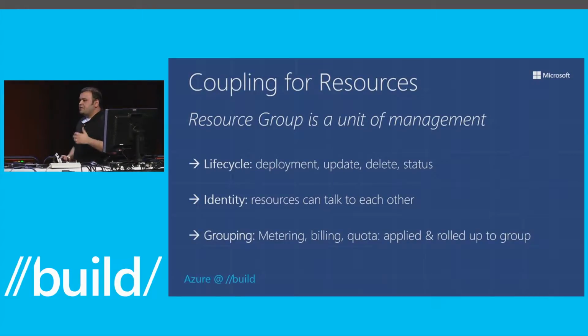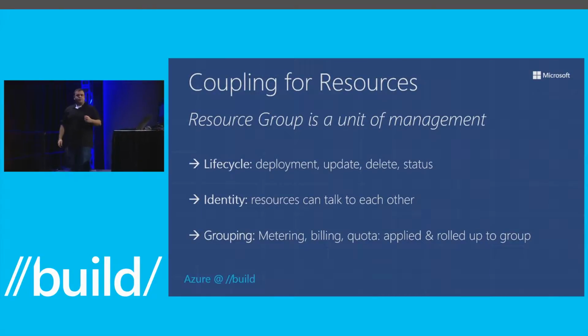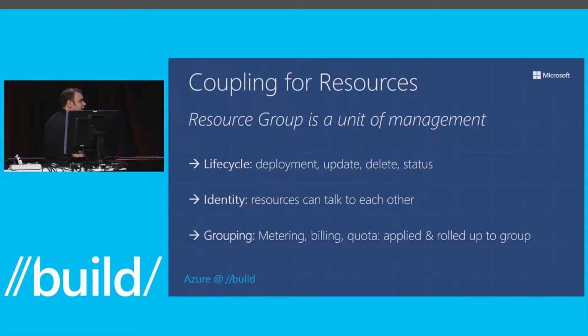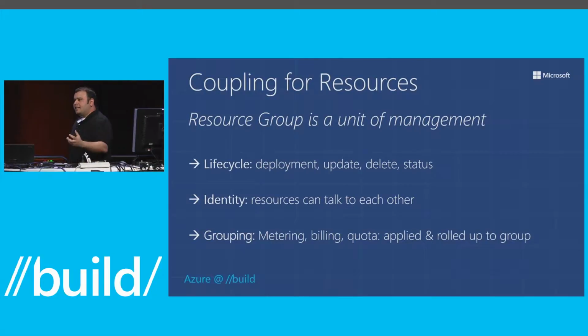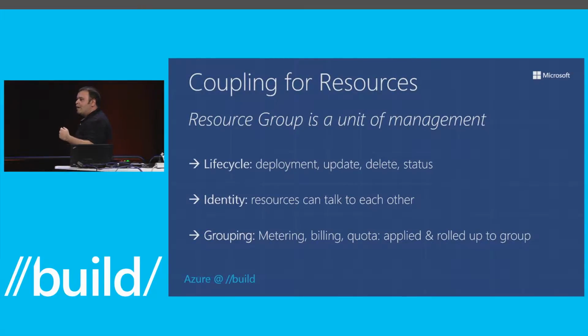When we talk about these resources that live inside this resource group, we offer a very, very tight coupling between those resources, such that the life cycle of the resources that exist in that group is completely together as a scale unit. You end up deploying them together, you end up updating them together, you delete them together, and the status or data related to those resources inside that group is aggregated at the group level itself.